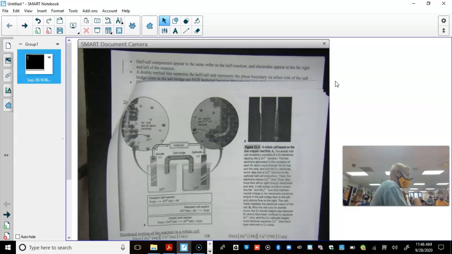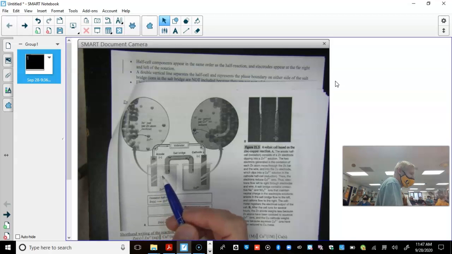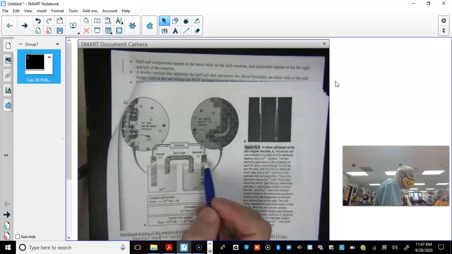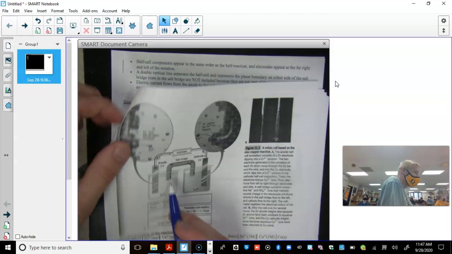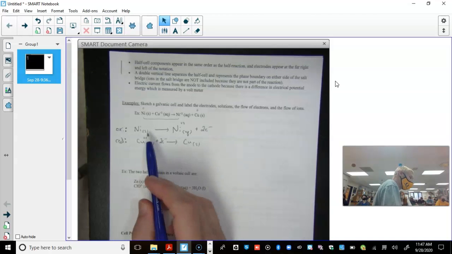Anode negative oxidation. Alright. So if we got an anode negative, that means oxidation is occurring here. And then with CPR, cathode positive reduction, CPR. So anode negative oxidation.